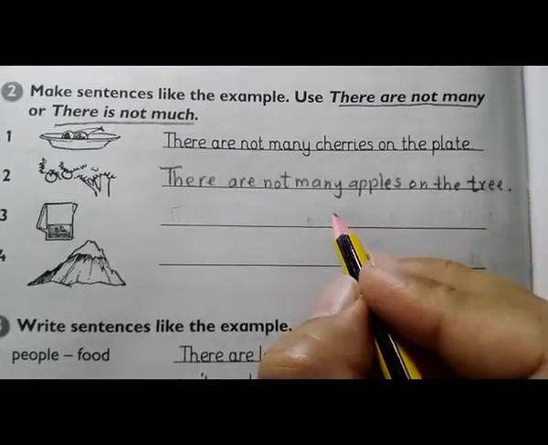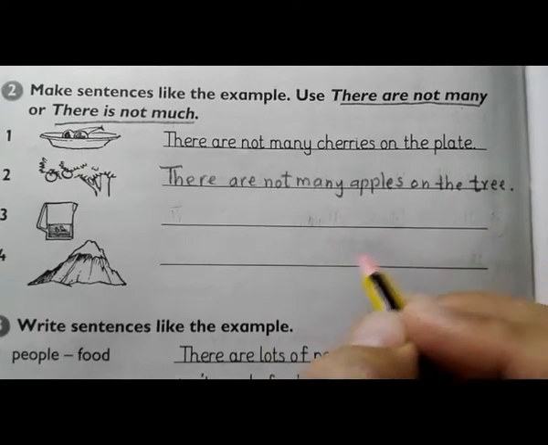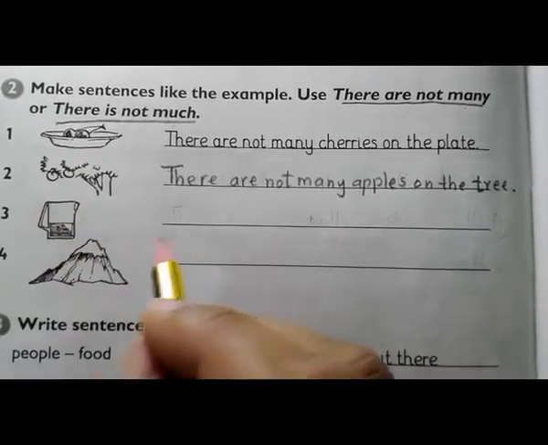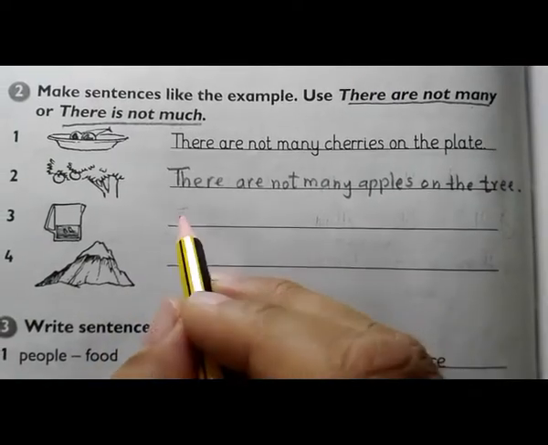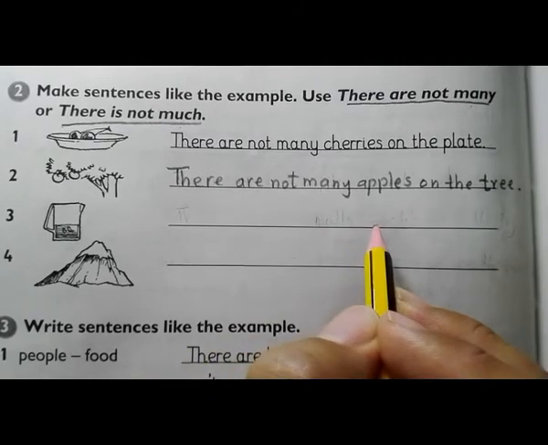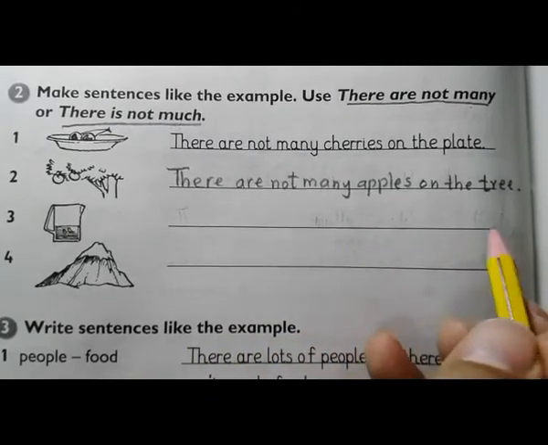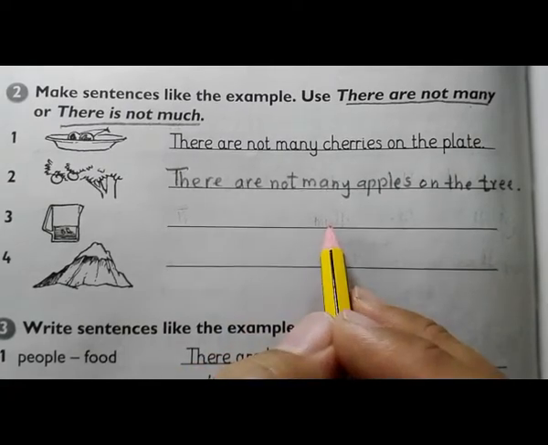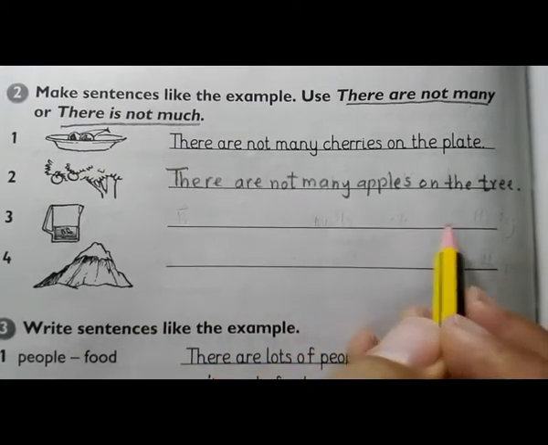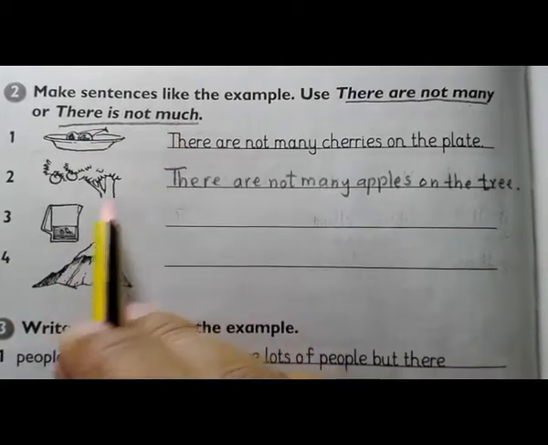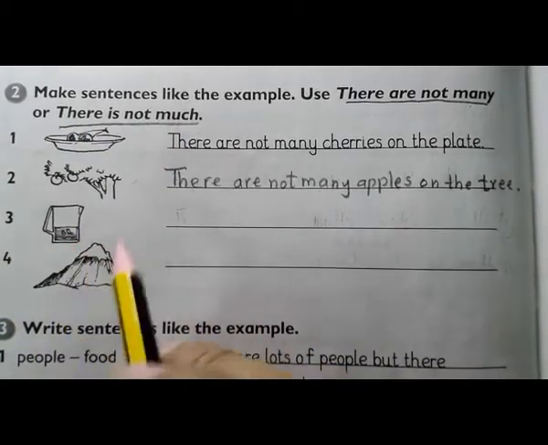There are not many apples on the tree. Here is water in the jug. We can say there is not much water in the jug. There is not much water in the jug.